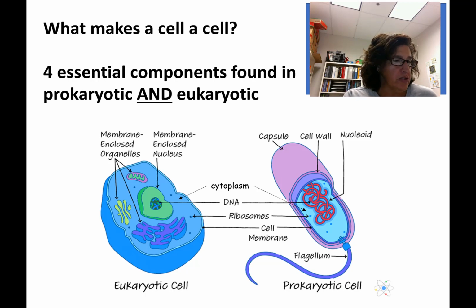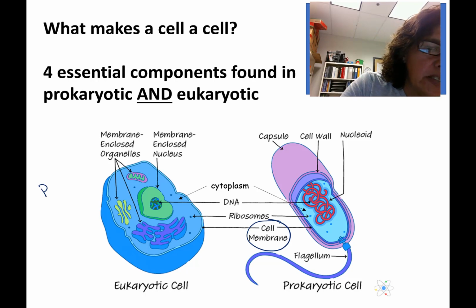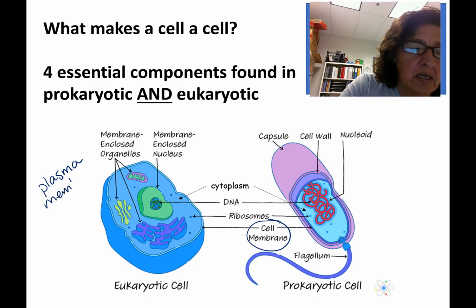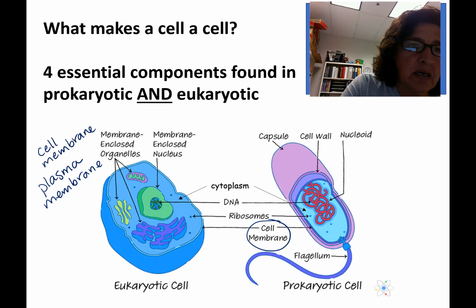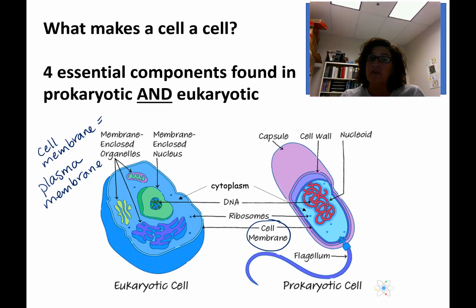And those 4 essential components are a cell membrane. You might also see this called a plasma membrane. Same thing. It's basically the border of the cell.